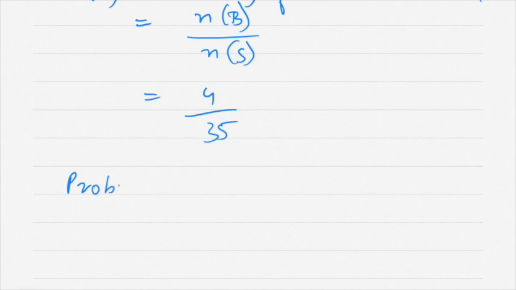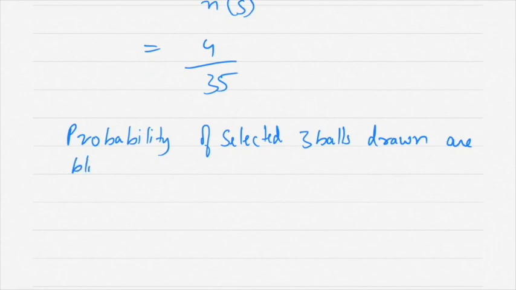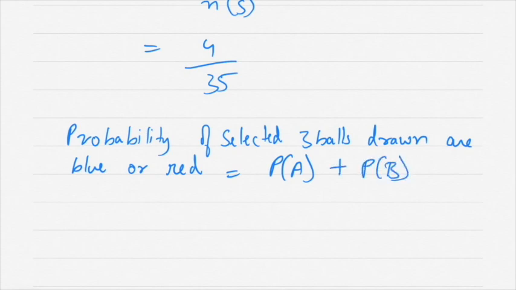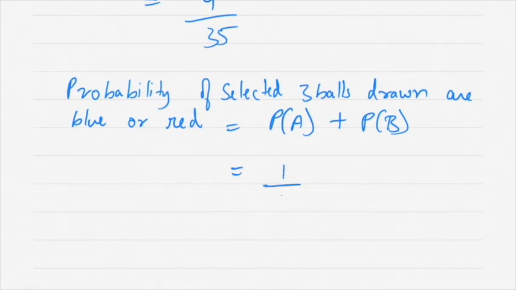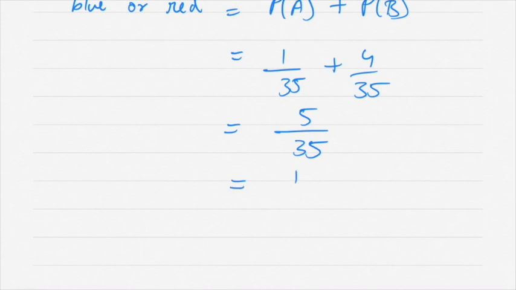So that means, write down probability of selected three balls drawn are blue or red will be P of A plus P of B, which is 1 by 35 plus 4 by 35, which is 5 by 35.